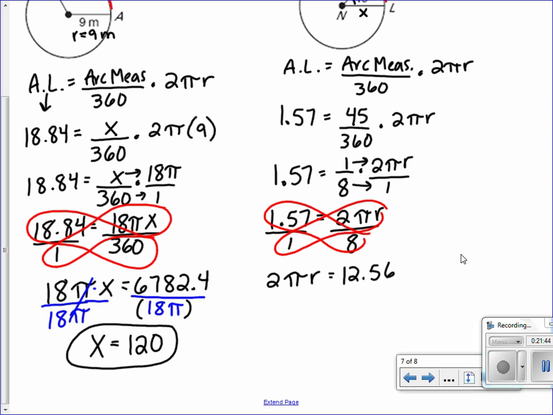And then you can just think of the 2 pi as a group being multiplied to the r. So let's divide both sides by 2 pi. And I would just put this all into your calculator. So just type in 12.56 divided by, and then put 2 pi in parentheses, and you're going to get 2. So there's the radius.